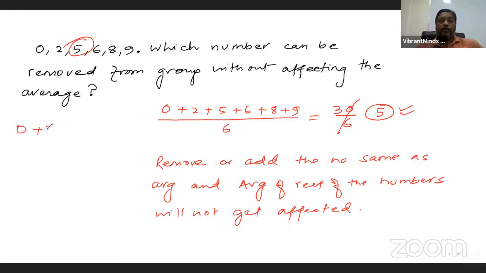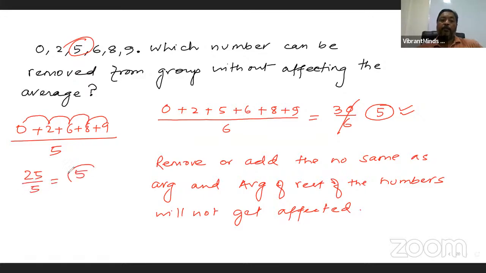My average is 0 plus 2 plus 6 plus 8 plus 9 divided by 5: 9, 17, 23, 25. So 25 by 5, my average remains the same. This is 5, this is 5.